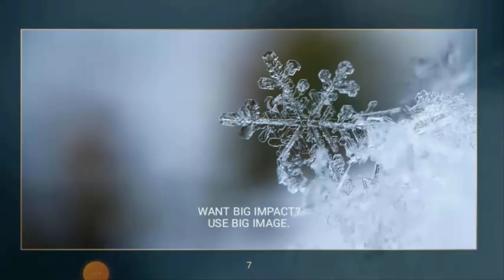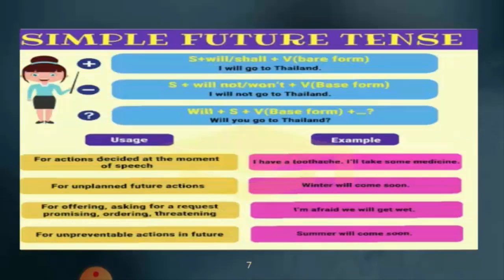Now today we will talk about a new grammar, which is simple future tense. The affirmative form of simple future tense is subject plus will plus the verb in the infinitive form. For example, I will go to Thailand.